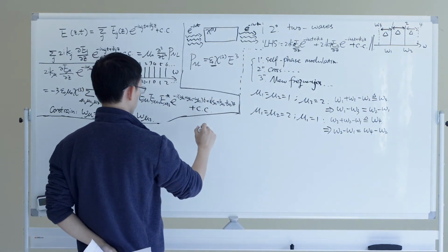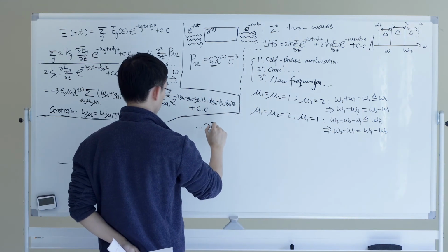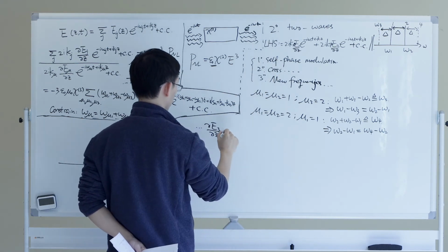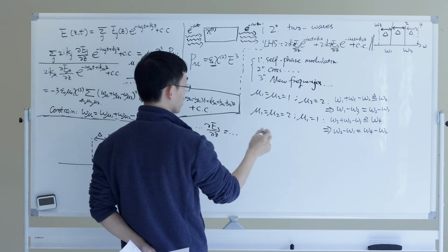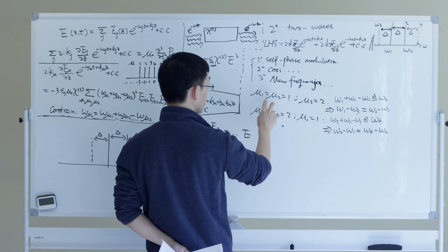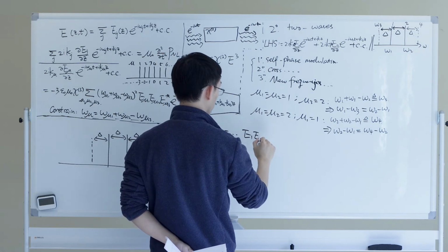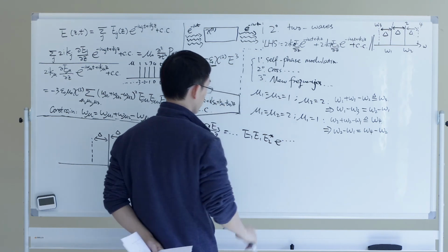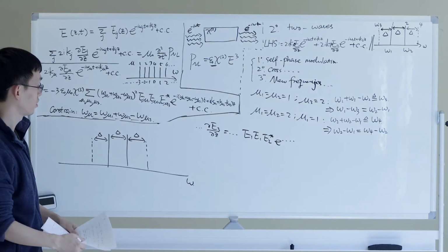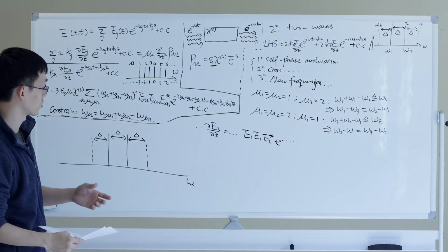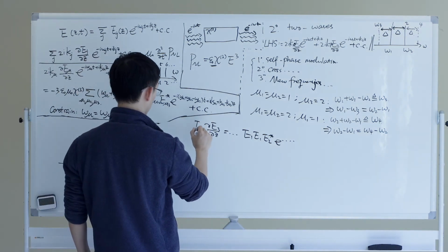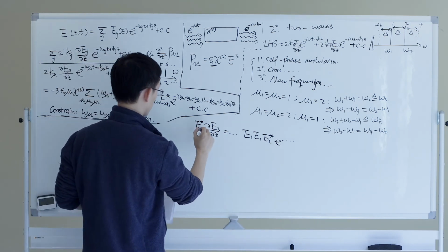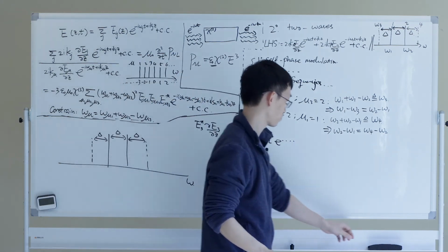What we have is some coefficient times partial E3 partial z on the left hand side, equals some coefficient times E1, E1, E2 star, and then an exponential term. When you look at this, to analyze this result, you can multiply both sides by E3 star, the E3 conjugate.